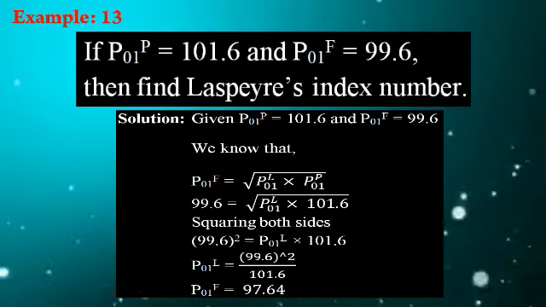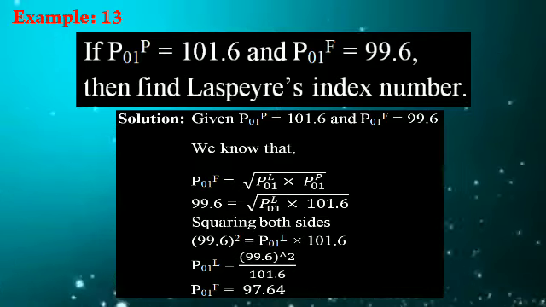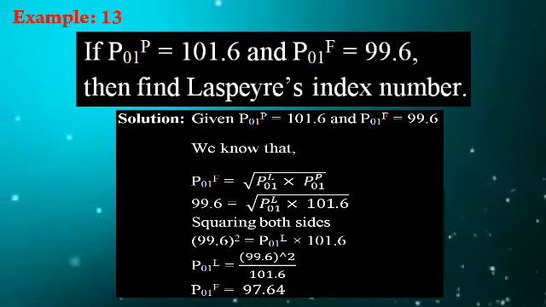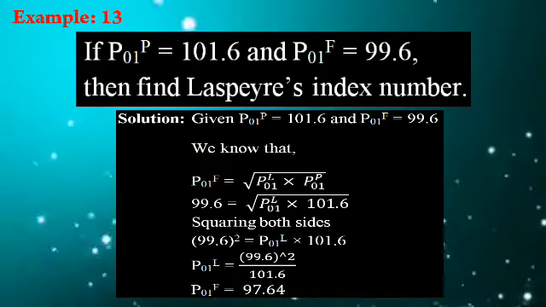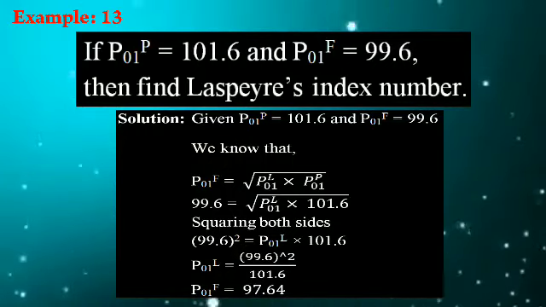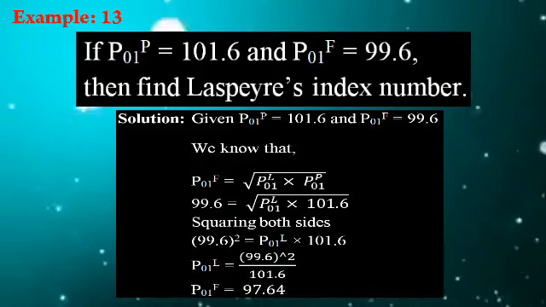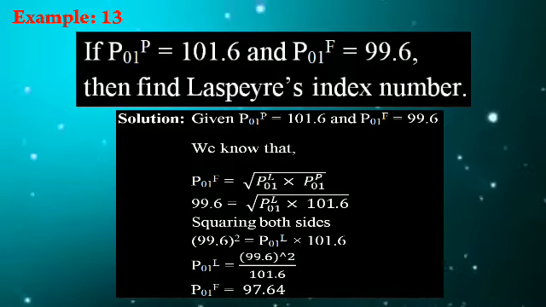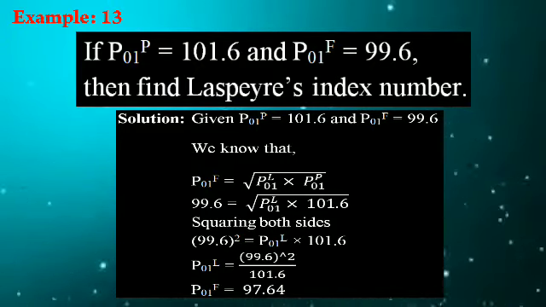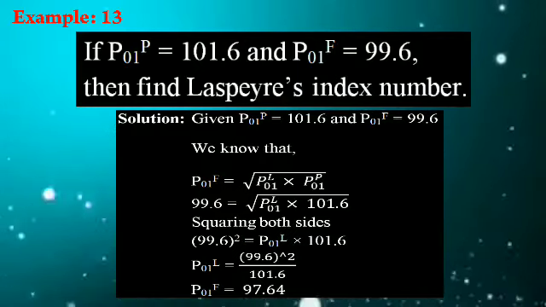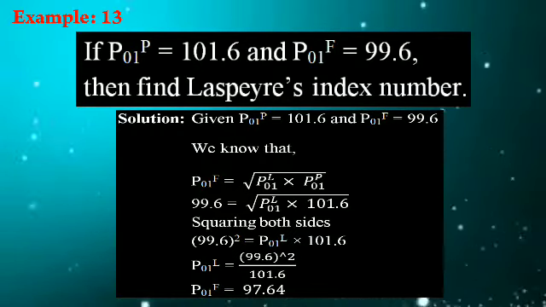On one side, in order to remove the square root, on the other side square the given values. So that is P01 of L equal to 99.6 the whole square divided by 101.6. And the final answer is Laspeyres price index number equal to 97.64.